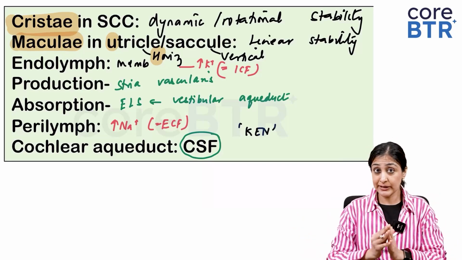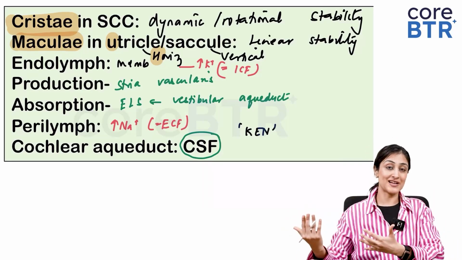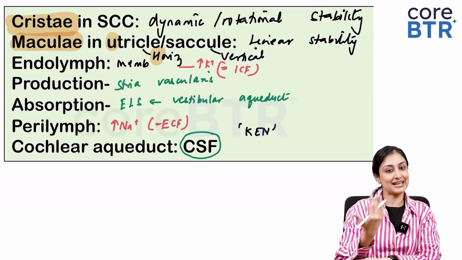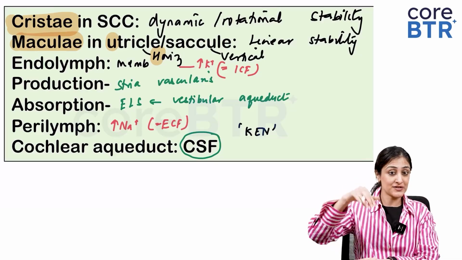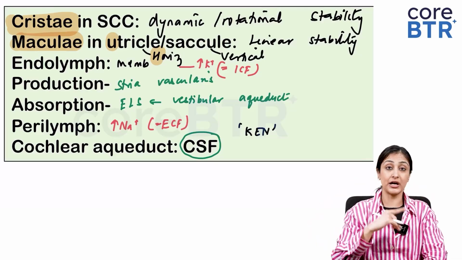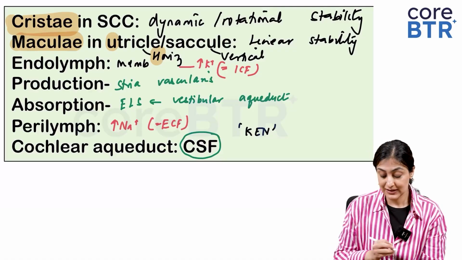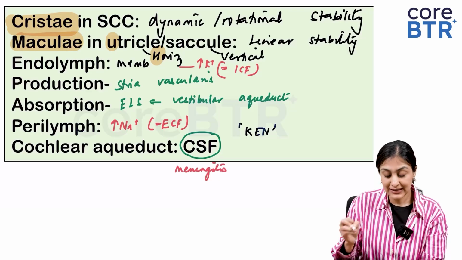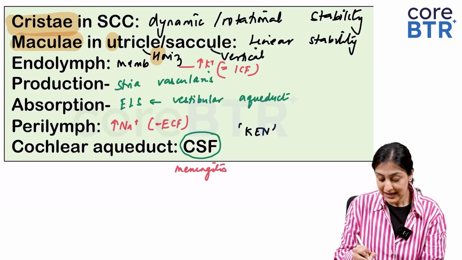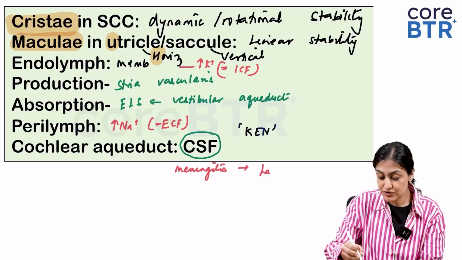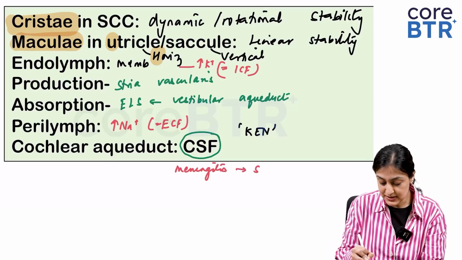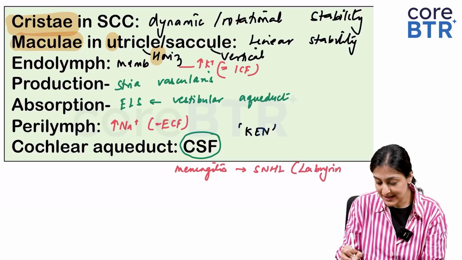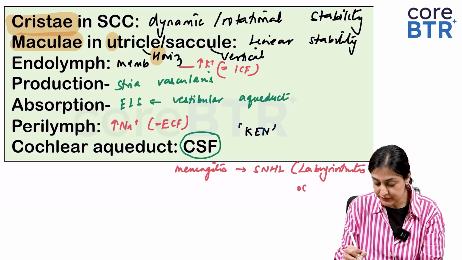So endolymph is made by the stria vascularis, going via the vestibular aqueduct into the endolymphatic sac, whereas perilymph, an ultrafiltrate of CSF, circulates via the cochlear aqueduct. The importance is that anybody who has meningitis can have it reach the ear, and that's why one of the complications of meningitis is sensorineural hearing loss, and the condition it can result in is called labyrinthitis ossificans.